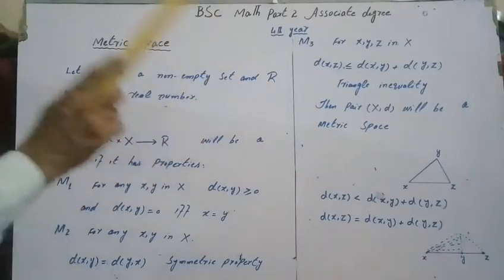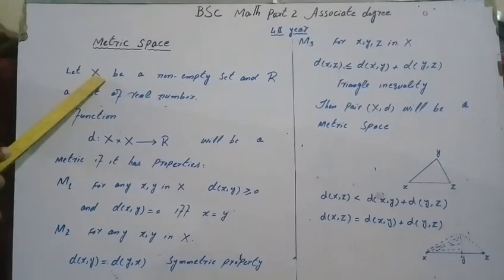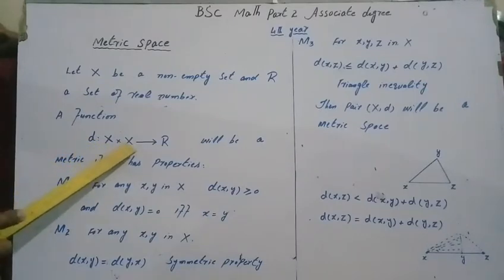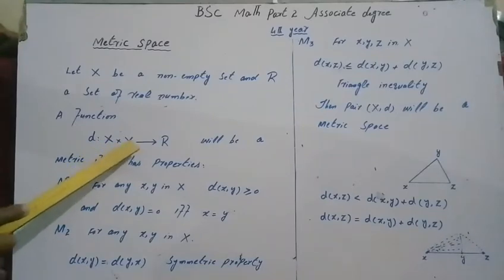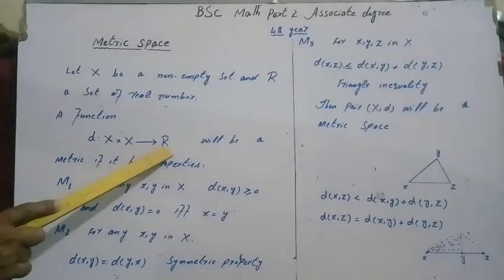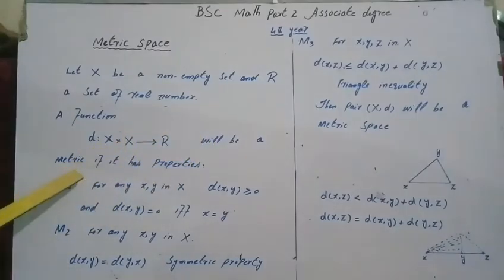Here we have X, which will be non-empty, and R is the set of real numbers. Then a function, a mapping d from X cross X to R, the Cartesian product of X with X, where X is non-empty, mapping onto the set of real numbers, will be a metric if it has properties.